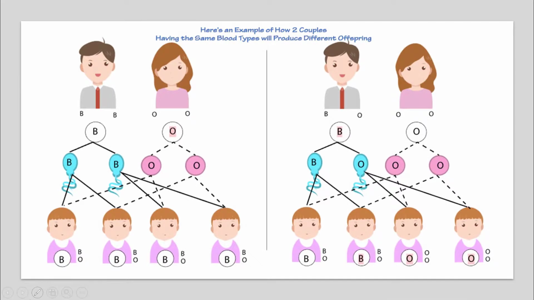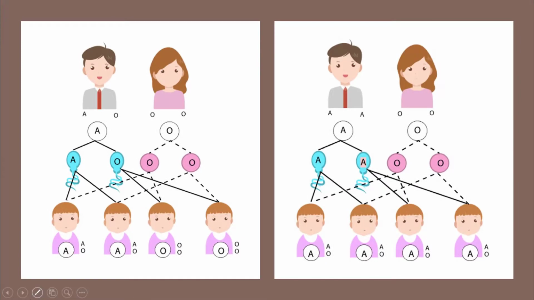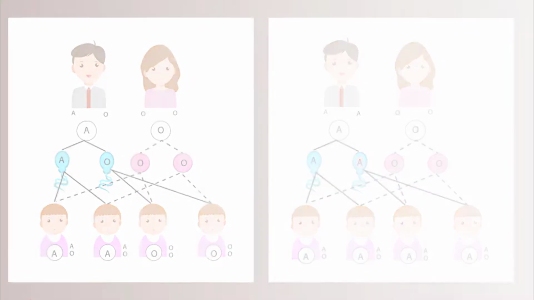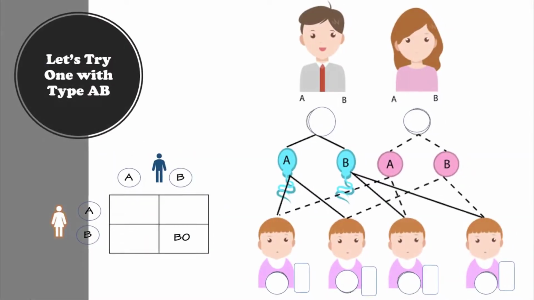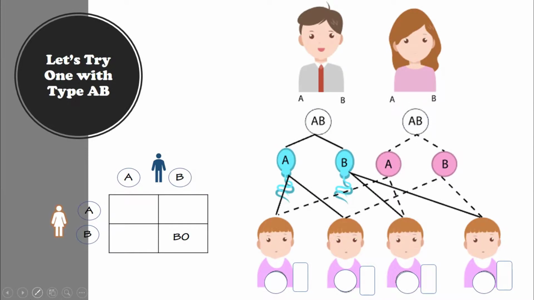Here's an example of how two couples having the same blood types can produce different offspring. So let's try one with AB. Let's go ahead and fill out our Punnett square and see what we get this time.